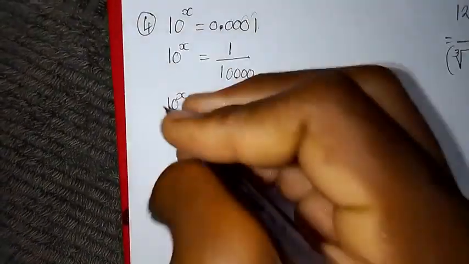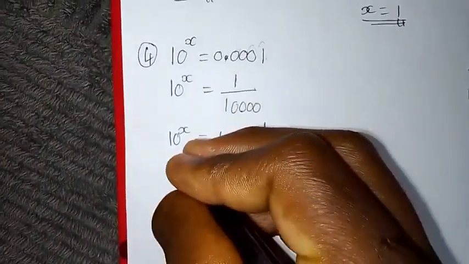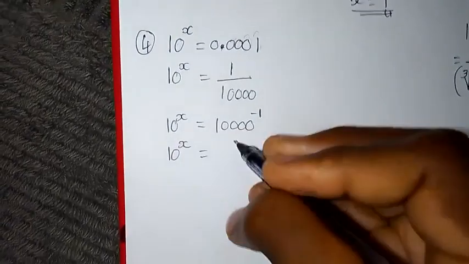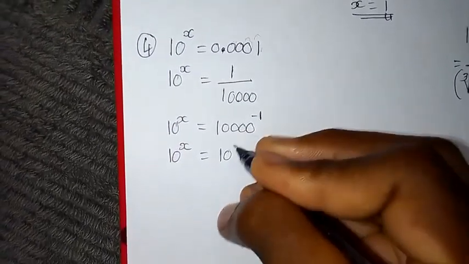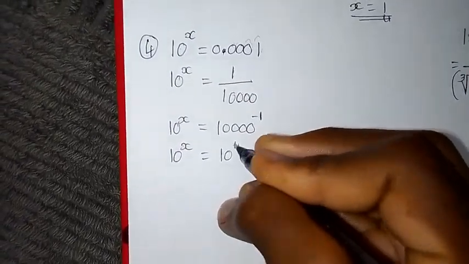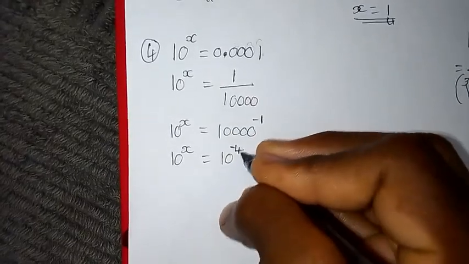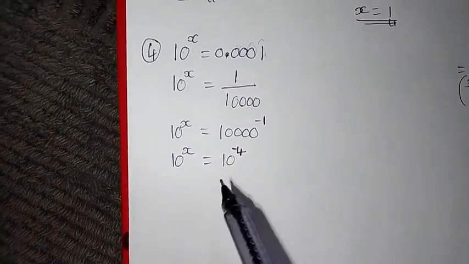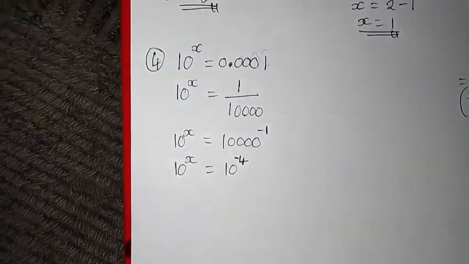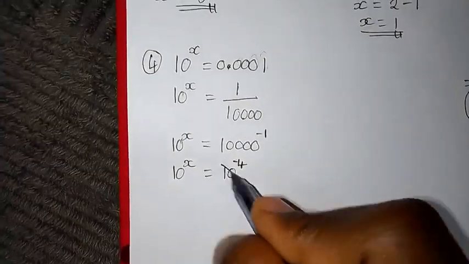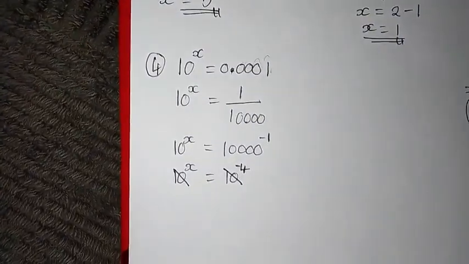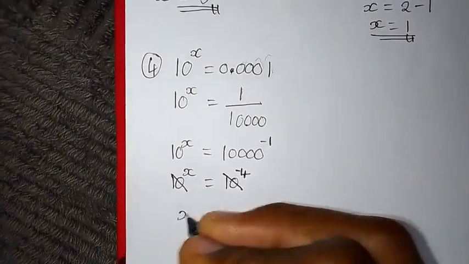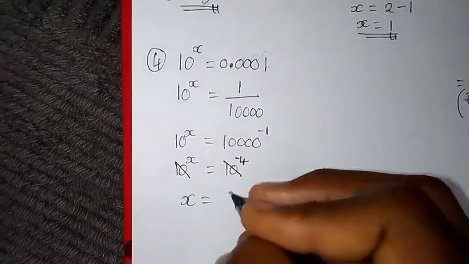So it's going to be 10 power x is equal to 10 power negative 4. So 10 times 10, 100 times 10, 1000 times 10, 10,000. So now we cancel out the bases. We'll see that x is equal to negative 4.